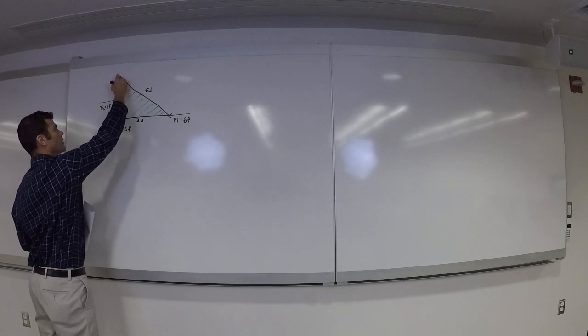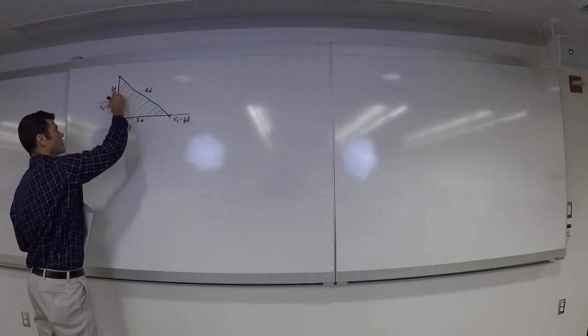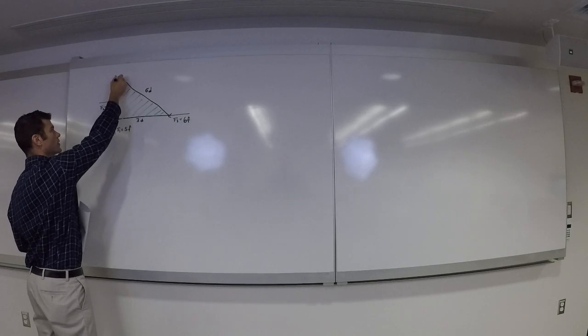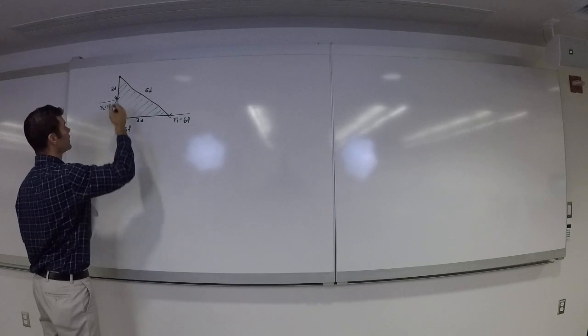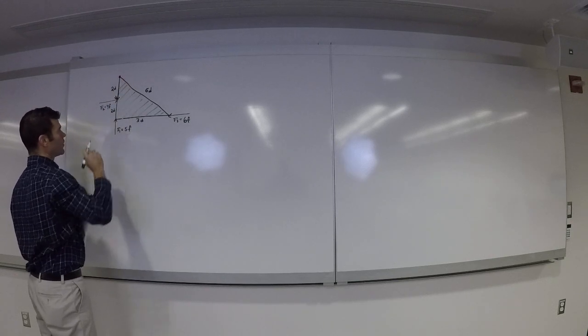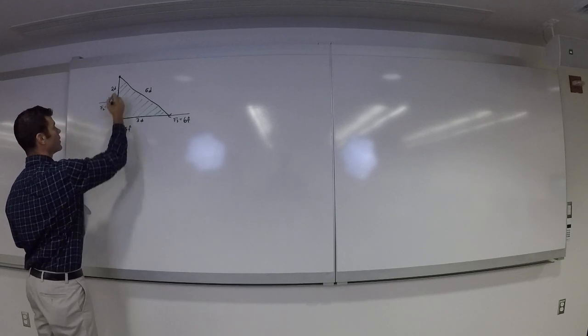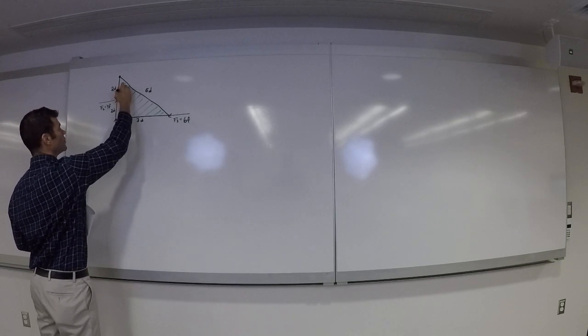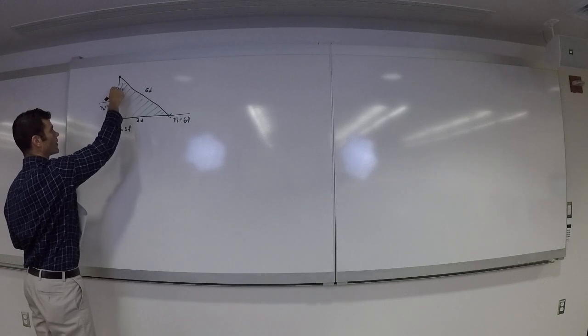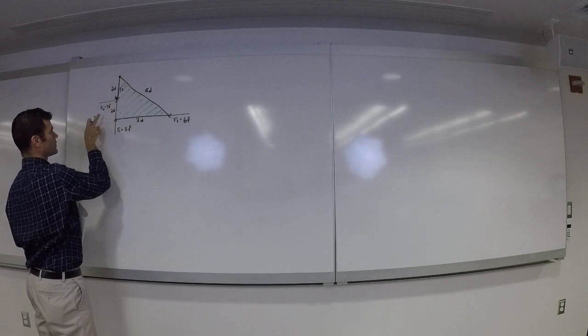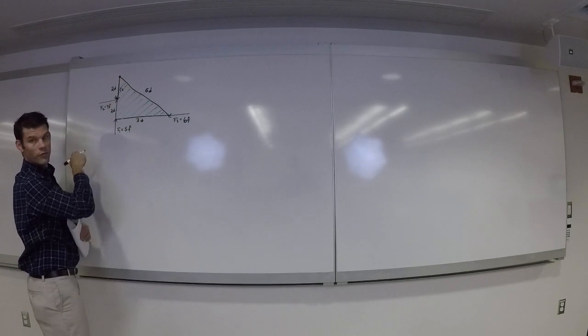So let's find the first position vector. We go from the axis of rotation, where the tail of the vector starts, to the head of the vector, which will be where the force is applied. We'll call this R2 because it's associated with force 2.